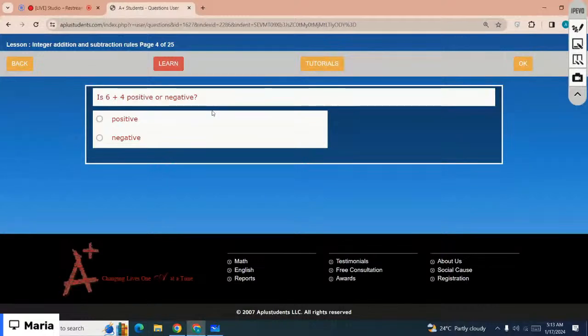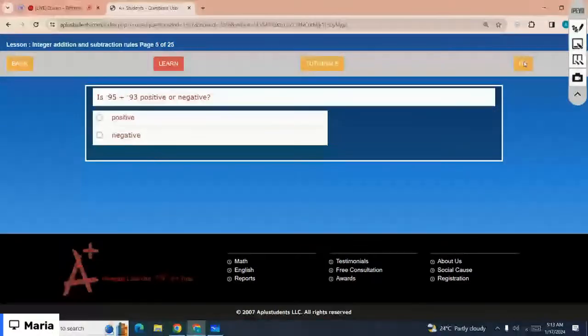Positive it is, right? Because both the numbers are positive, the answer must be positive. Okay, is negative 95 plus negative 93 positive or negative? Both the numbers have a negative sign. Answer must be negative. Got it?